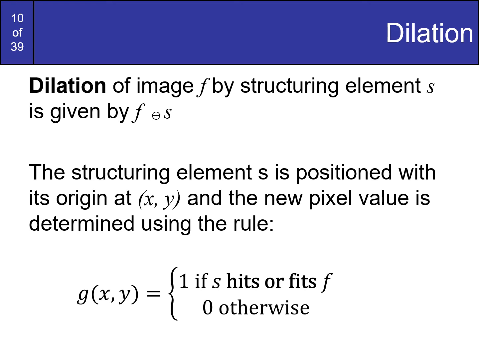And the new pixel value is determined using the rule. The output or the processed image contains the processed pixel GXY. GXY will equal 1 if S hits F. Okay, it will be 1.